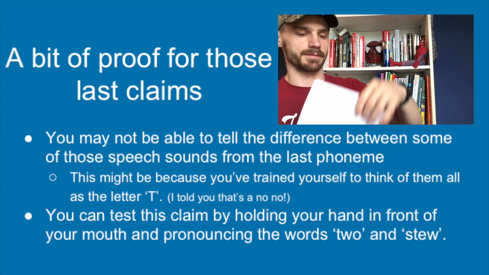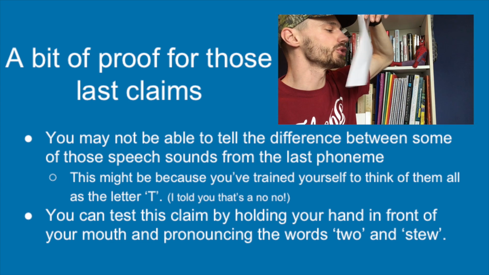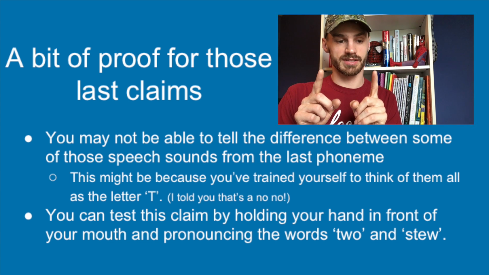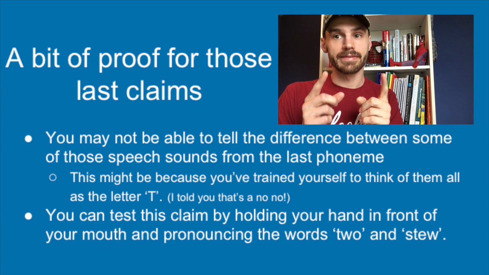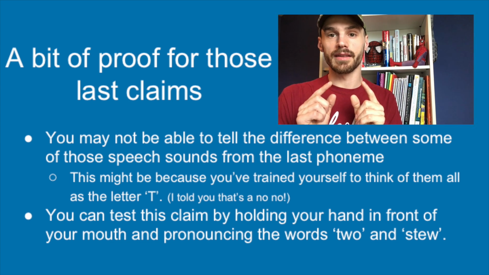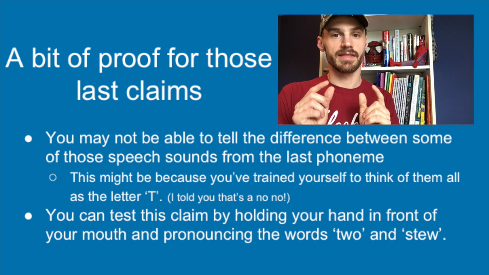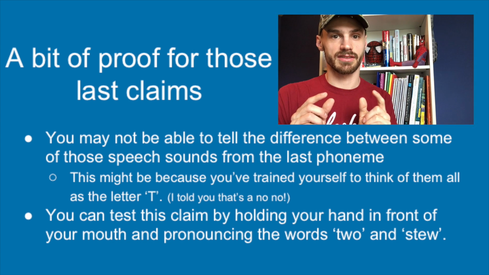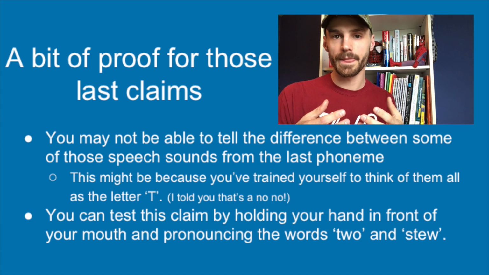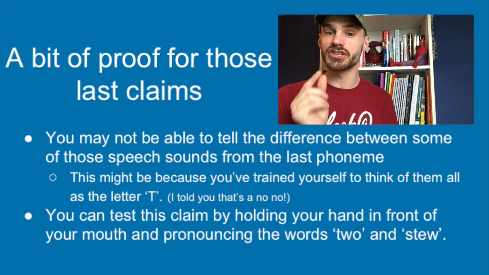Now let's say I say the word "stew" with a T and then "stew" with a D. Two different ways of pronouncing the same word. That is technically two different speech sounds, but they're not separate phonemes because they cannot be used to contrast the word. It's just a different way of pronouncing the same word because it's really just one phoneme.